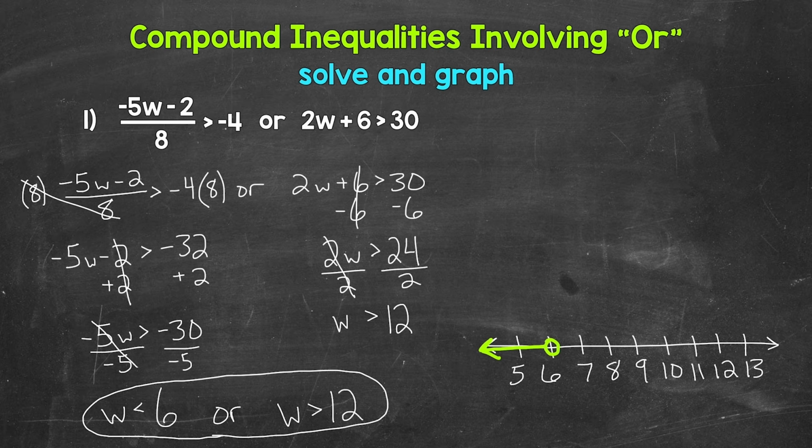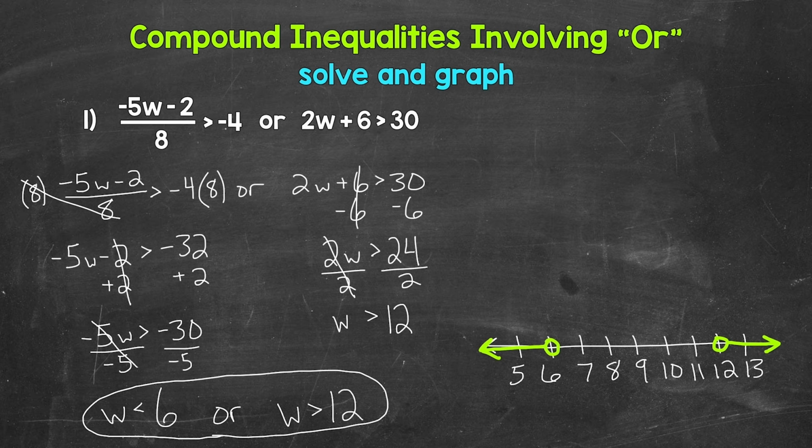Now we need W is greater than 12. 12 is not included, so we need an open circle at 12 with an arrow going right representing everything greater than 12. And that's W is greater than 12. We are done. That's W is less than 6 or W is greater than 12 graphed on a number line.